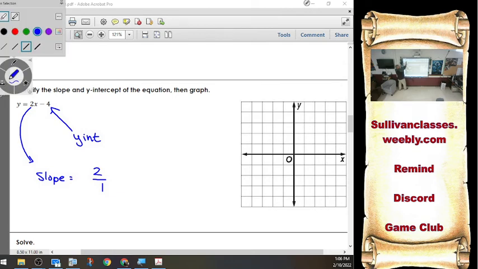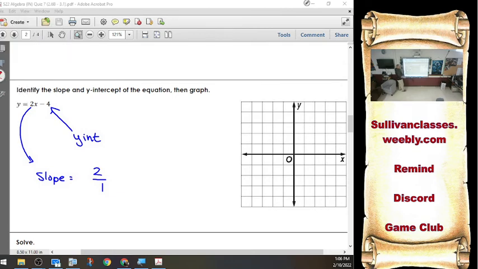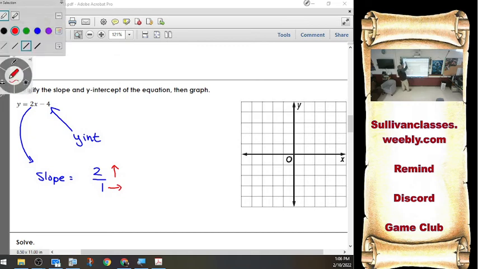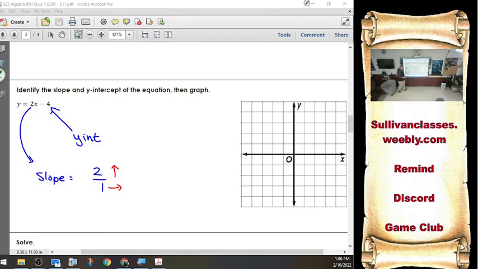If I'm going to use that to make my graph, what could I put next to it right now? Positive says up and always to the right. If I need to, I can also do the opposite, down and left, instead of up and right. That's why I like having that on both sides, it tells me which way I go.